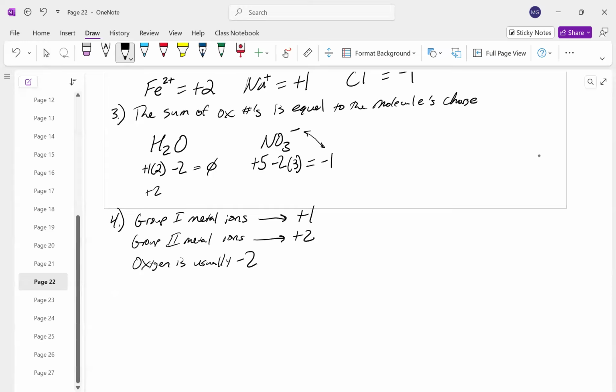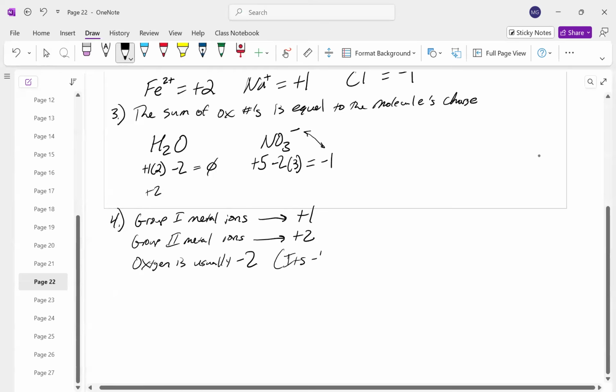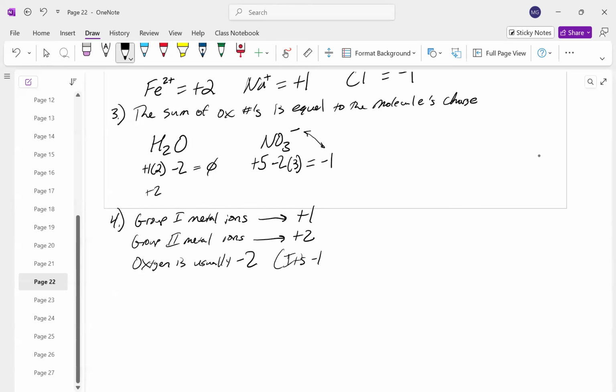Now, there's a couple exceptions to that you will see very rarely. Number one, when it's in a compound called a peroxide, it's -1 in peroxides. So like the compound hydrogen peroxide, the oxygens there have a -1 oxidation state.